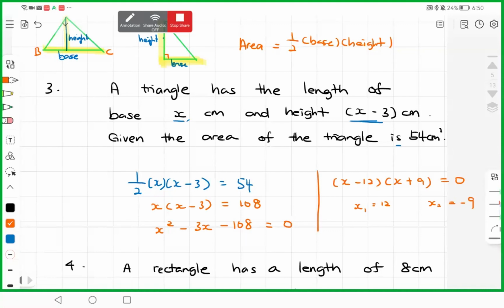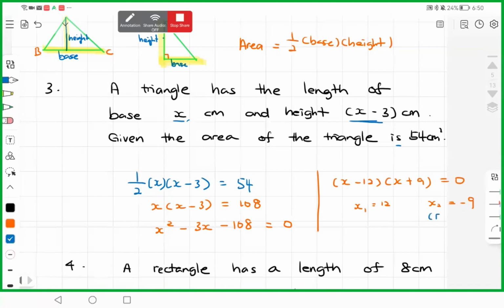The idea is no, right? If there is a problem like this involving a triangle, the real-life one, like the height and length, the answer cannot be negative. So what we do is we insert a bracket. We can write ignore, or you can write reject.